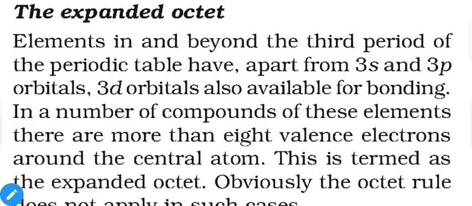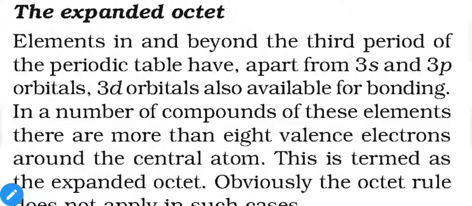It is the second problem. Elements in and beyond the third period of the periodic table have, apart from 3s and 3p orbitals, 3d orbitals also available. That means we have one more orbital to deal with. So in a number of compounds of these elements, there are more than 8 valence electrons around the central atom.